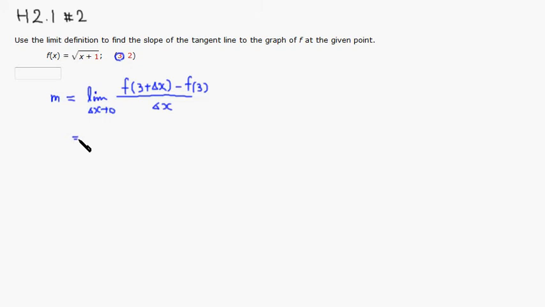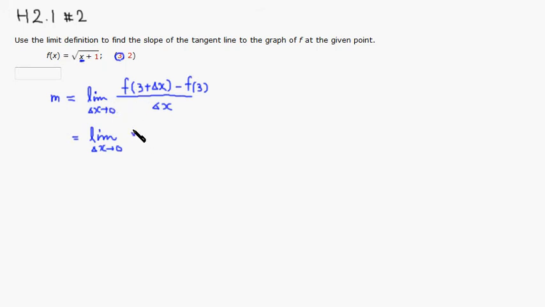So this is going to be equal to the limit as delta x approaches 0. Right, f of 3 plus delta x would be, whenever you see x, you replace it with 3 plus delta x.